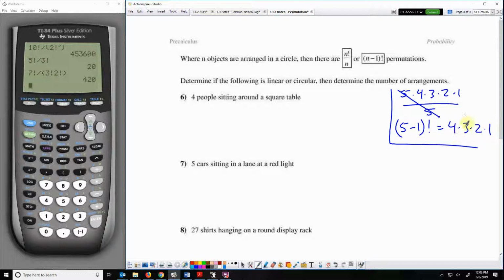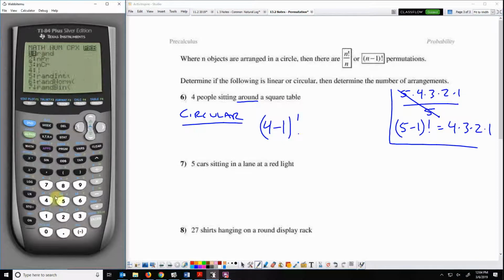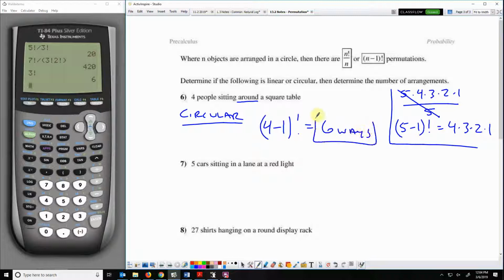Those do exactly the same thing. So 4 people sitting around a square table. I don't care if it's square or what shape it is. The fact is they're sitting around, so this is circular. That would be 4 minus 1 factorial, which is 3 factorial, 3 times 2 times 1, is 6. There are 6 ways to arrange 4 people around a square table.